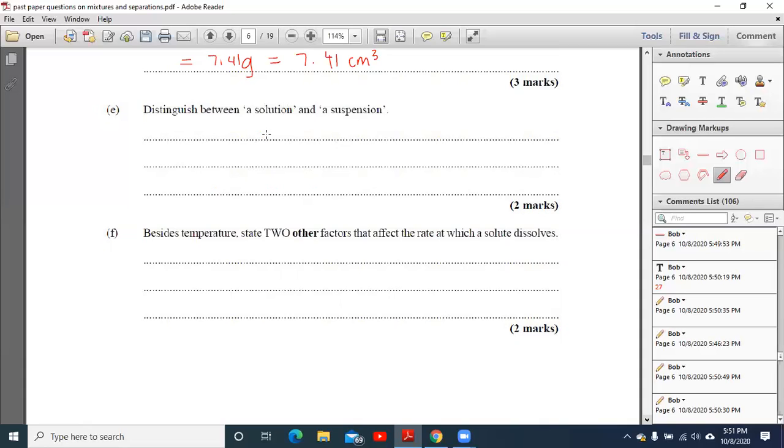So you give a definition that will define the two, but within defining them, you have to make sure to list the distinguishing factors.